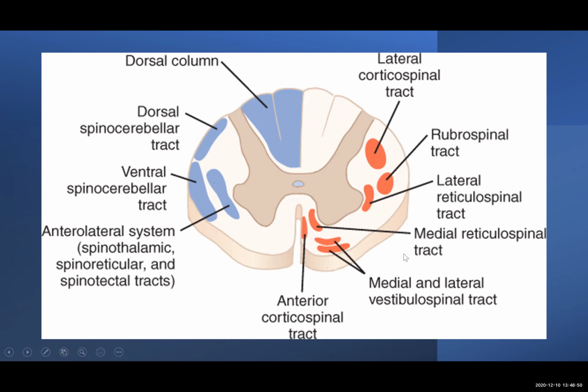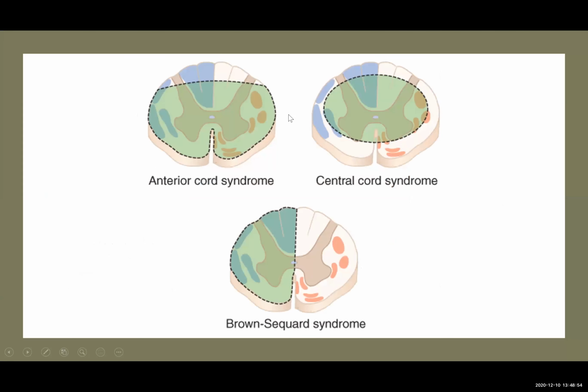Okay, so let's move on to the syndromes here. You have these pictures in your book. Let's start with anterior cord syndrome. This frequently occurs because of a hyperflexion injury.